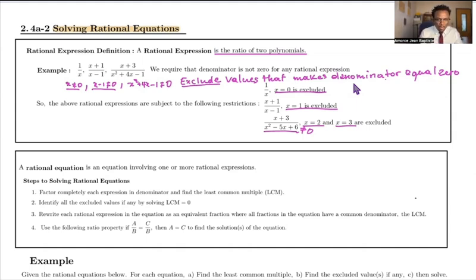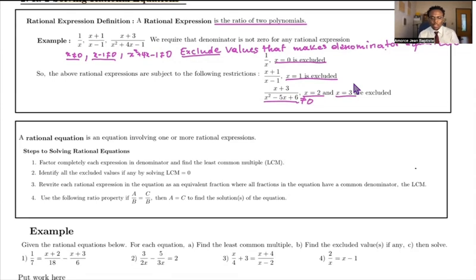But otherwise, whenever you have an expression with a variable in the denominator, you need to exclude the values for which this expression equals 0. And that is always required when solving a rational equation.